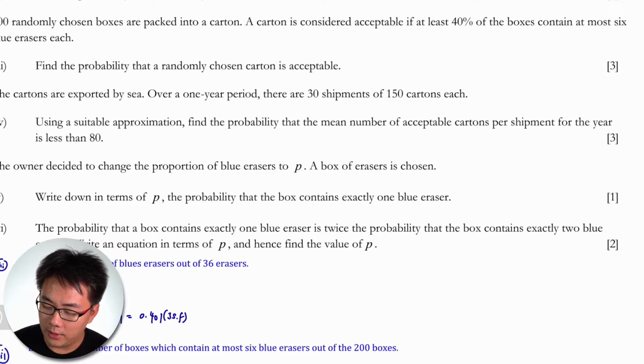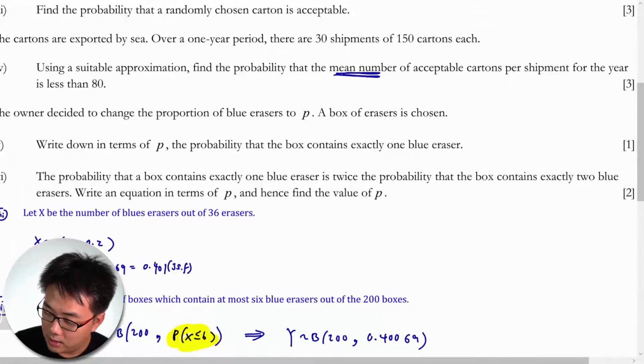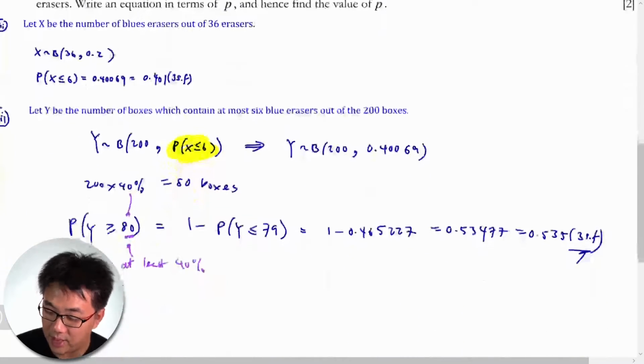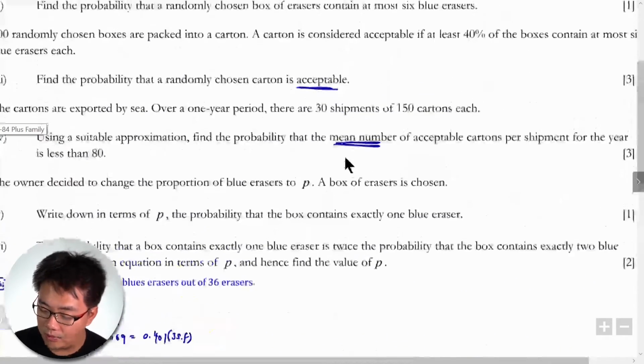So if you are looking at the mean number, it just means that you are looking at acceptable, because this is acceptable, right? You're looking at this event here, which is acceptable, but you need to name the new event.